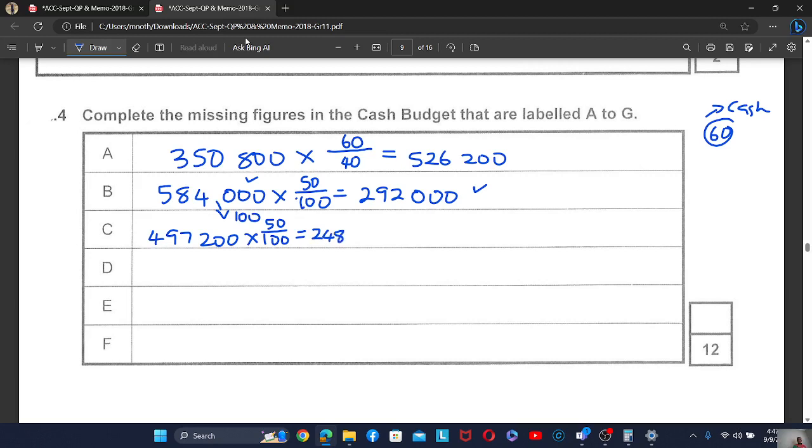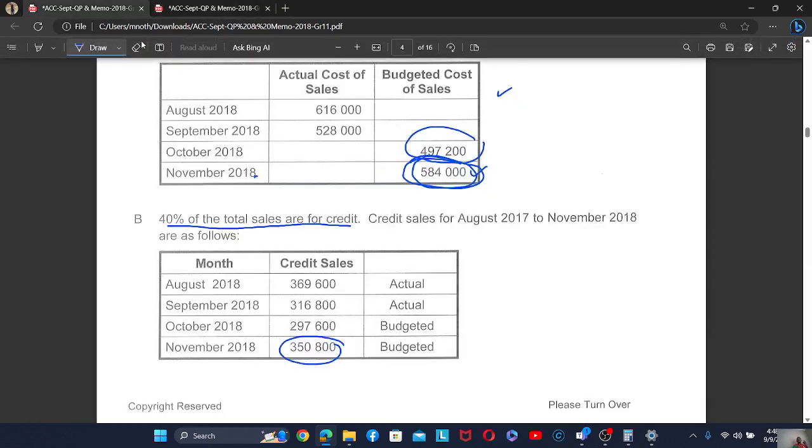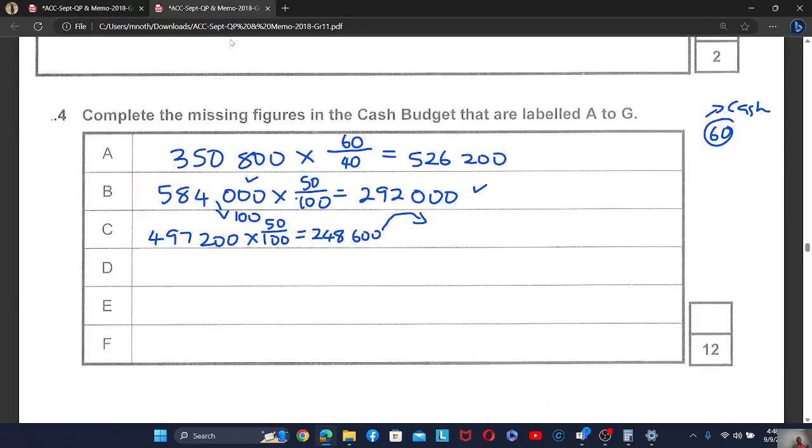So these are the credit purchases of October, and they will be paid in November. And what do we want? We want the payment to creditors for November. So this is what we want, right?